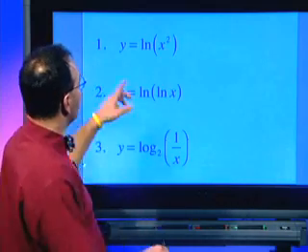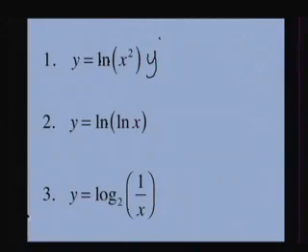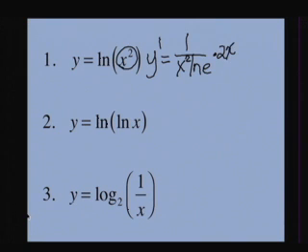So y prime will be equal to 1 over x squared times the natural log of e times that derivative 2x. Now, the natural log of e is just equal to 1. We can cancel that x with one of these, and so the result here is the answer 2 over x.